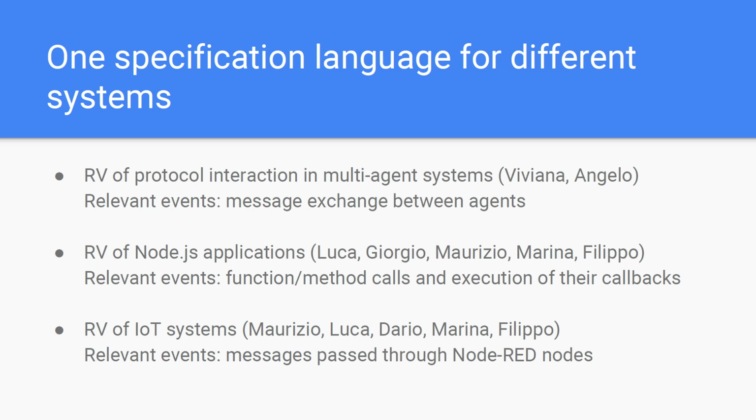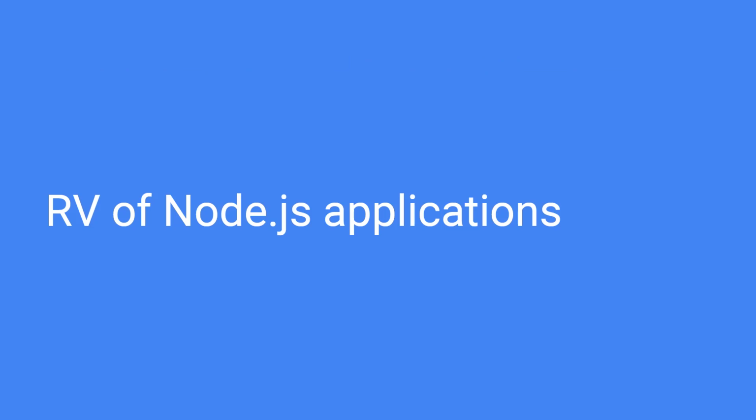Okay, so Node-RED is a tool that allows you to define Internet of Things systems based on flow programming. It's a very interesting tool that is heavily used in the fields of IoT systems.